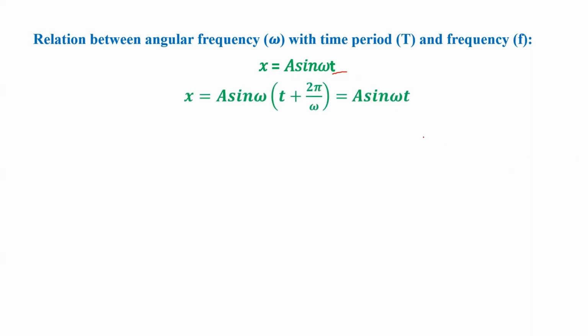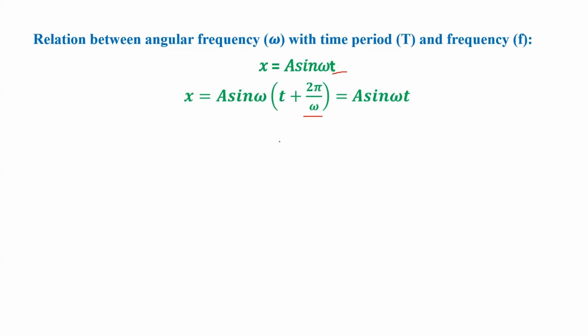So, for example, I am adding a value of 2 pi by omega to this t here. Then what will we get here? a sine omega into t plus 2 pi by omega. If we take this omega inside, omega and omega will cancel, and 2 pi remains. So x equal to a sine of omega t plus 2 pi.